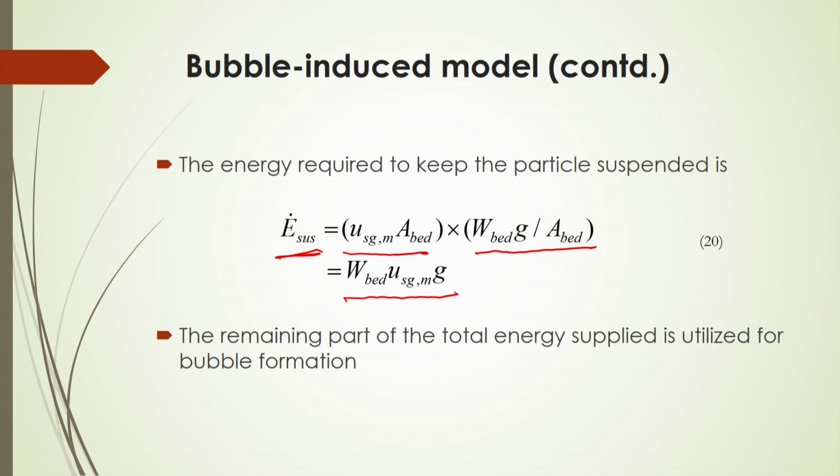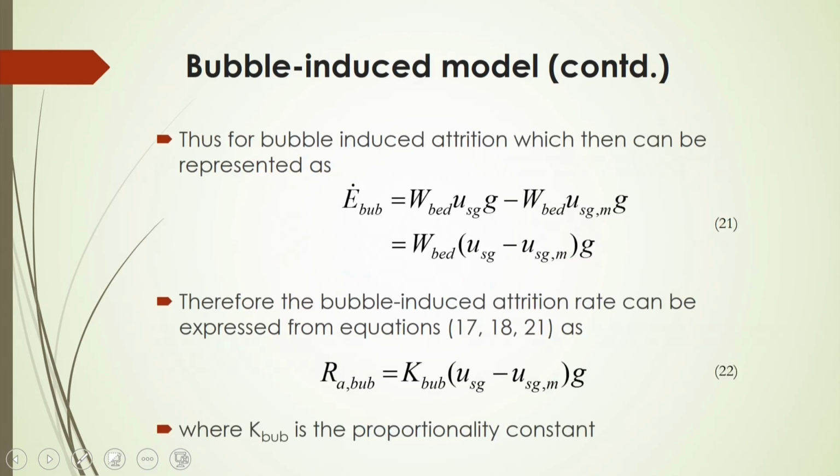This is the energy required to keep the particles just suspended. So it depends on the minimum velocity of the fluid for minimum fluidization, and the energy supplied for this is called E dot suspension. The remaining part of the total energy supplied is utilized for bubble formation in the bed.